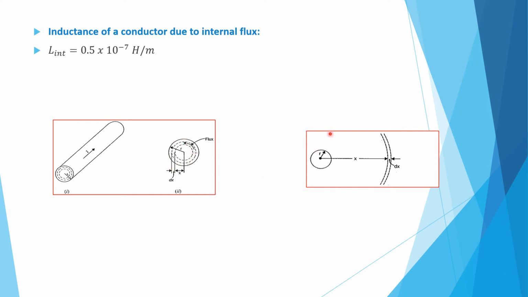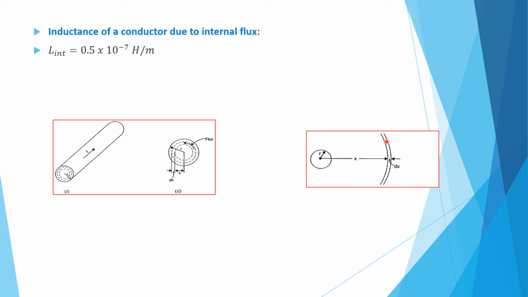Here the flux is around the conductor in the air in the transmission line. Around this conductor there are flux lines, and flux lines are dense around the conductor, and as we go far away from the conductor the flux lines become weaker. So these are the round flux lines like this.